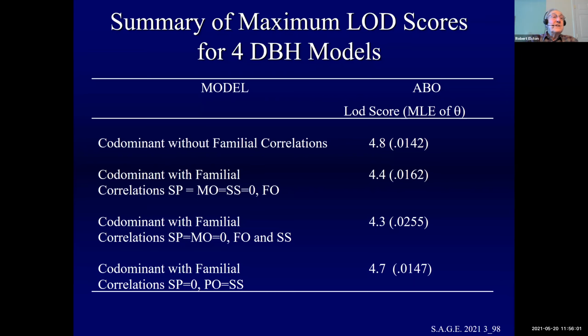So the two large ones are the top one, codominant without familial correlations, and codominant with no spouse correlation but parent-offspring equal to sibling correlation. They have LOD scores of 4.8 and 4.7 respectively, and the recombination fractions are 0.014 and 0.015. So this is very significant in a sense.